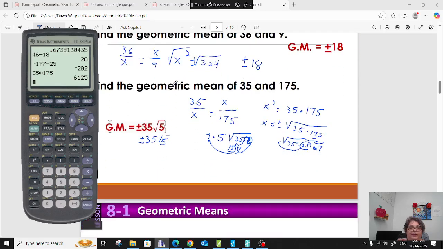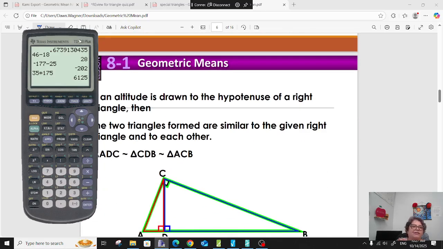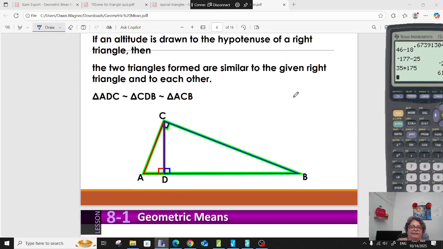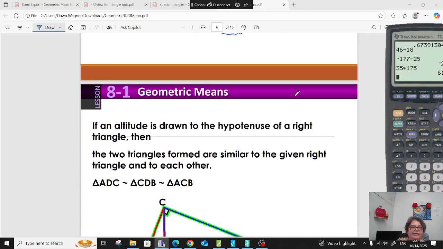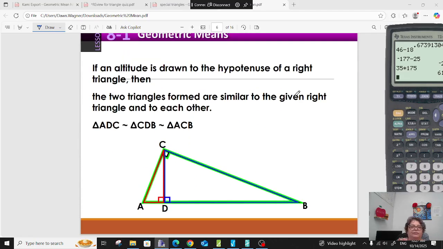Okay. Now, this is how it comes into play. You cut out these triangles, right? Does everybody here see 3 triangles?